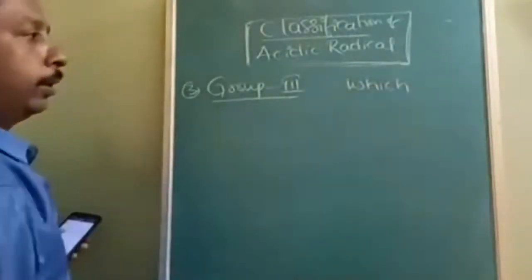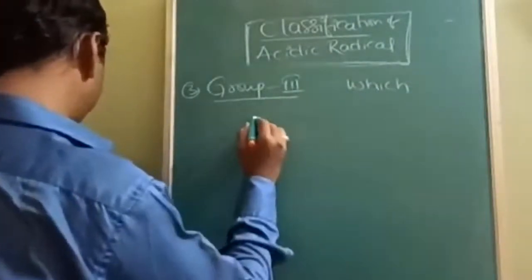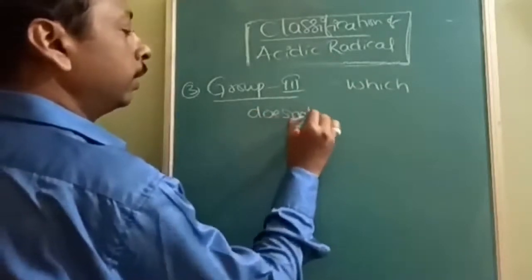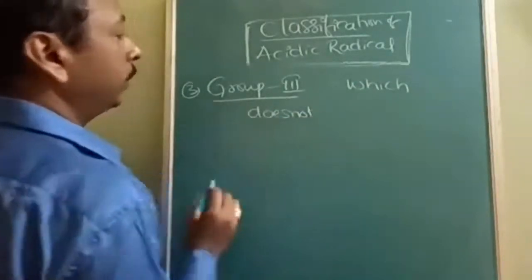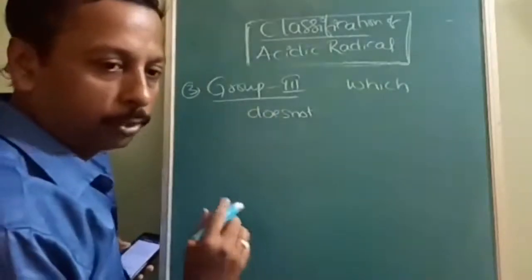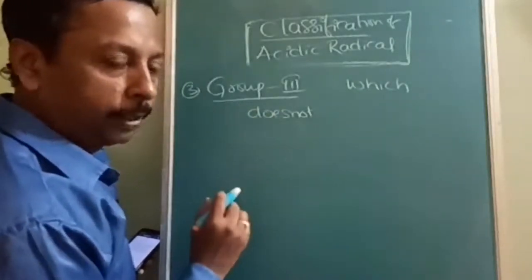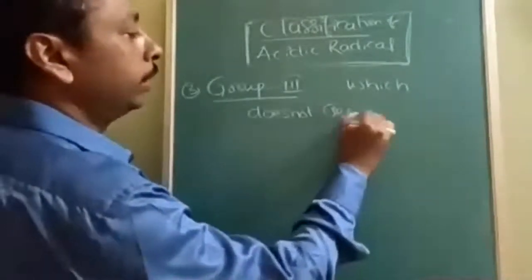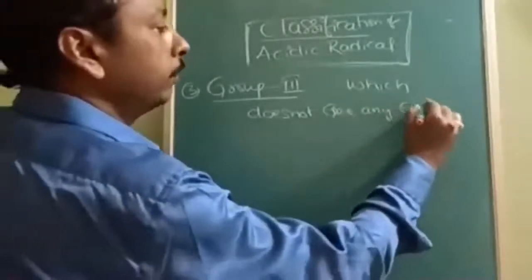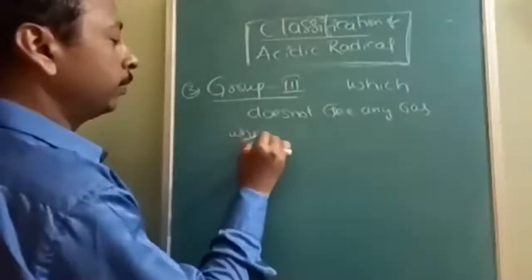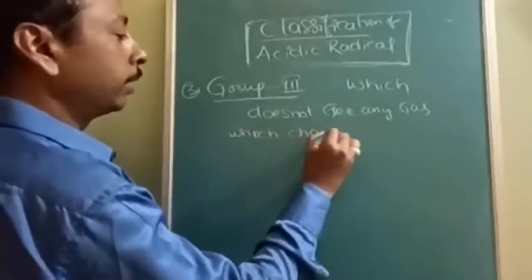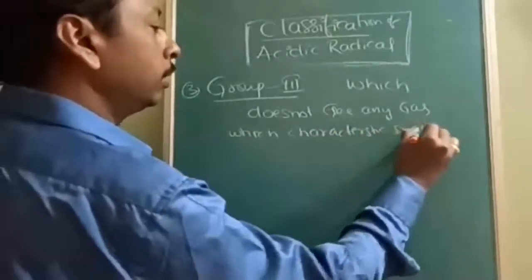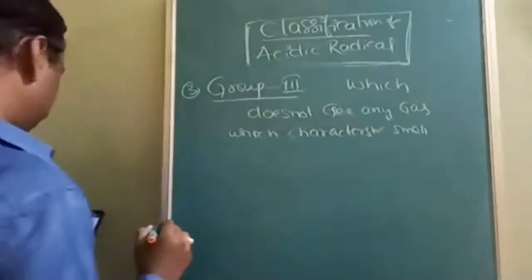Any anion or acidic radical which does not give any characteristic result, that means after trying every way from group 1 and group 2, if they are not giving any gas which has a characteristic smell, then they are considered as group 3. There is no separate reagent.